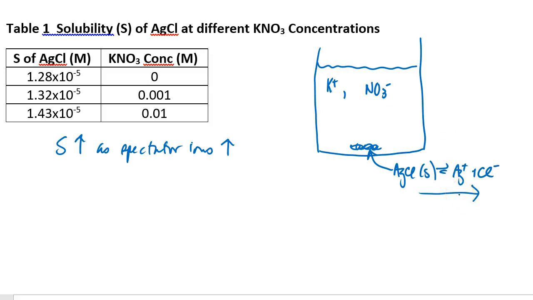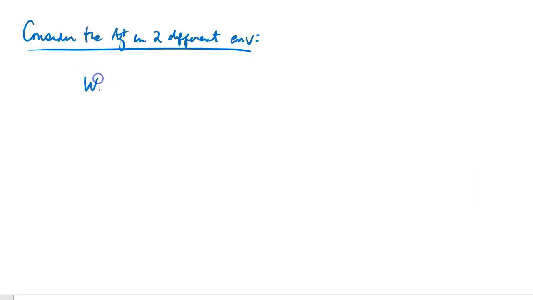So in order to understand that, we're going to have to consider this silver ion in two different environments. Let's imagine that we have a silver ion dissolved simply in water, and then our other environment will be a solution of KNO3. And how might this silver ion look dissolved in water?